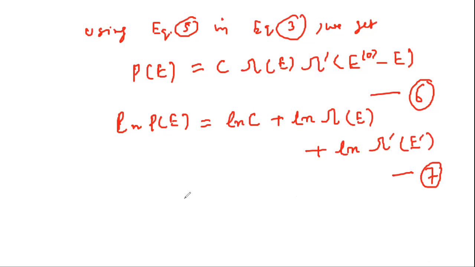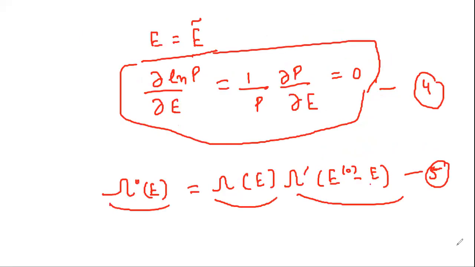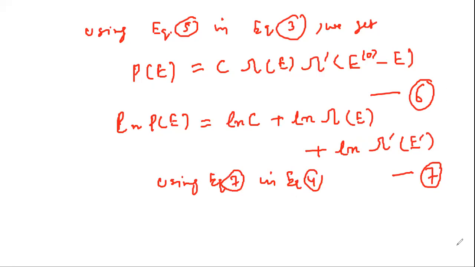Using equation 7 in equation 4. 4 is the condition for maximization. Now we are using expression 7 for ln of P, using 7 in equation 4.